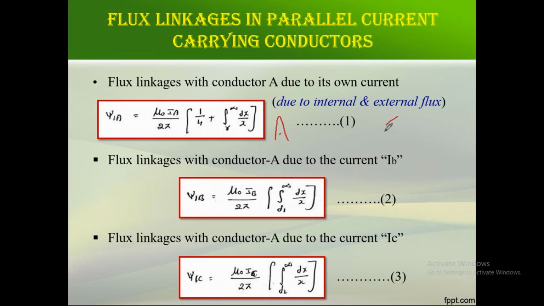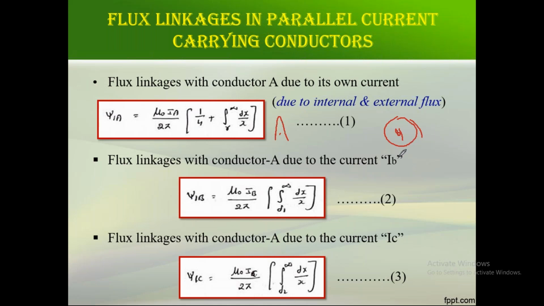Why? Because we have calculated for conductor A, right? When the current is flowing, conductor A has both internal flux as well as external flux. So for the conductor we are deriving, we have to consider both internal and external flux, and for the remaining we can consider only external flux. Why?